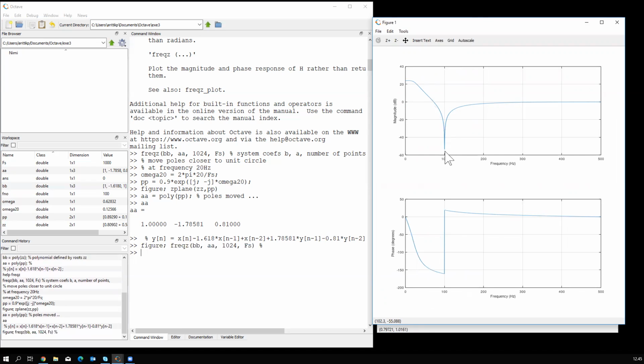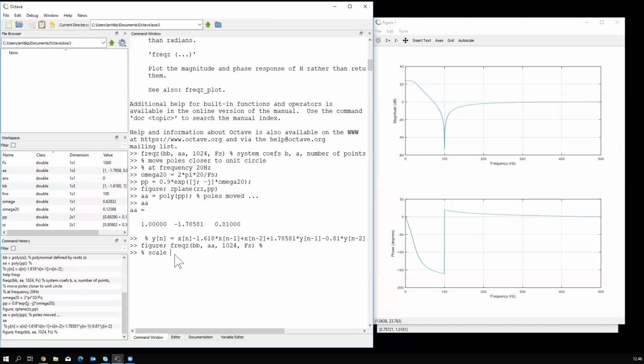We have infinite attenuation at 100 hertz, and the stop band attenuation is about 20-25 dB in here, 26 dB actually. So 26 dB stop band attenuation. The only small problem is that this is not a unity gain system anymore. So it's not a unity gain, meaning the highest amplification is 1.